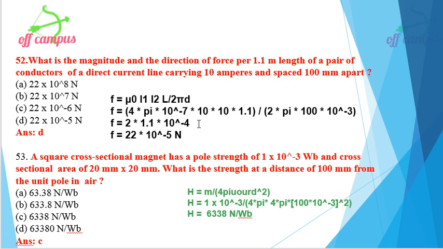So minus 7 plus 3 we will get minus 4. So, 2 into 1.1 is 2.2, 2.2 into 10 power minus 4. Now compare with the options.